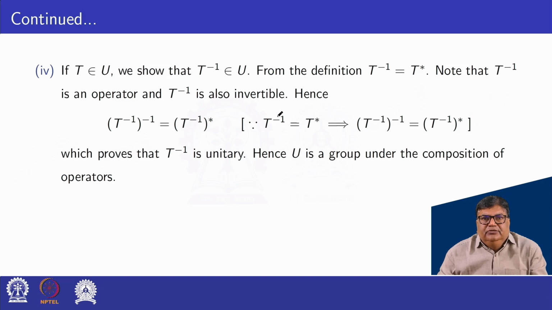Because we know that if T is unitary, T inverse is equal to T star, and T is also invertible and an operator. So the inverse of T inverse is equal to star of T inverse, which proves that T inverse is unitary. Hence, U is a group under the composition of operators.